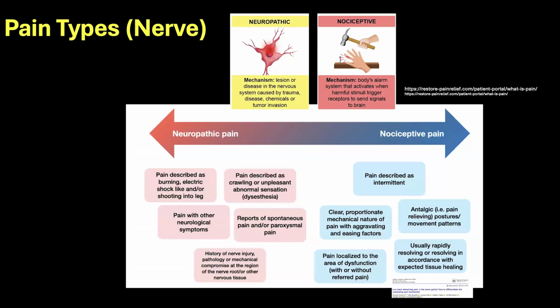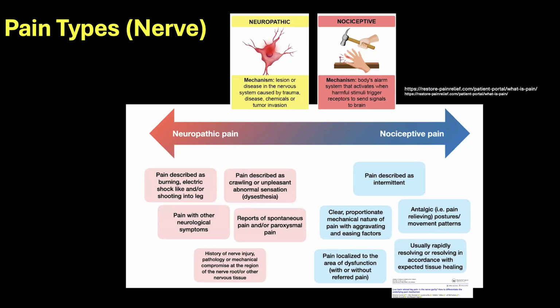And there are differences in the way people describe their pain. Most commonly, neuropathic pain is described as burning, electrical, or shock-like, usually following along the line of a nerve, oftentimes starting distally, meaning the furthest away from the spinal cord, so in the feet and our hands, and shooting back towards the spinal cord.